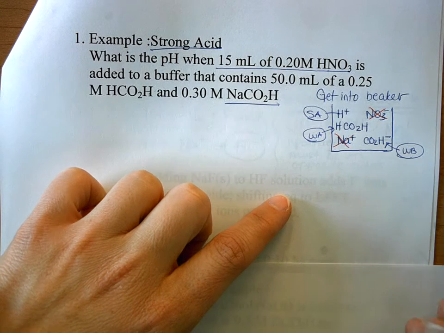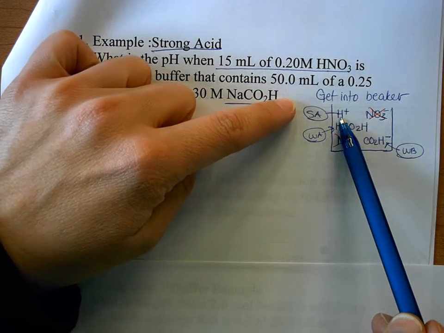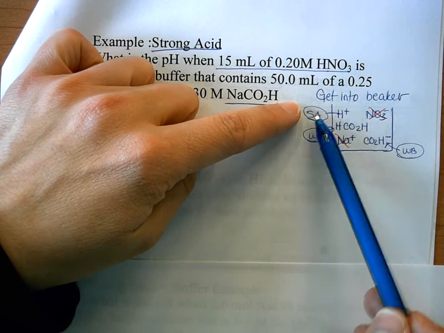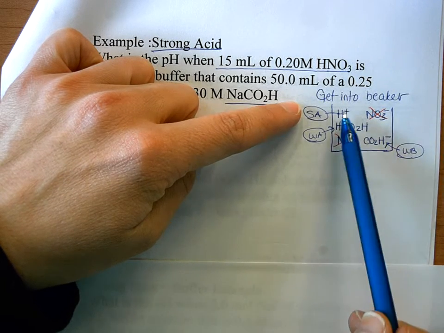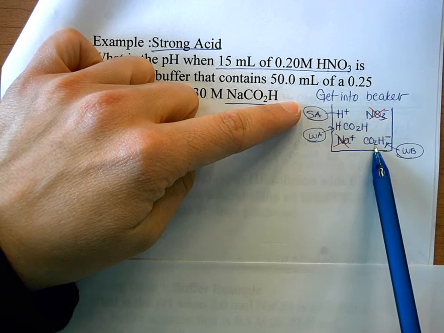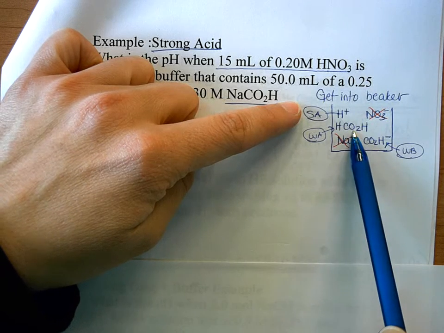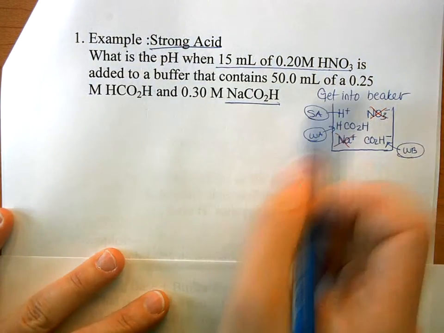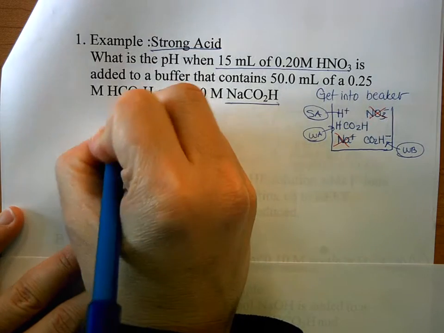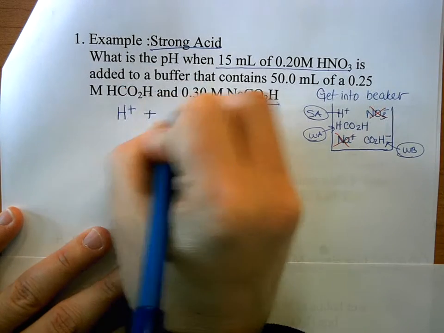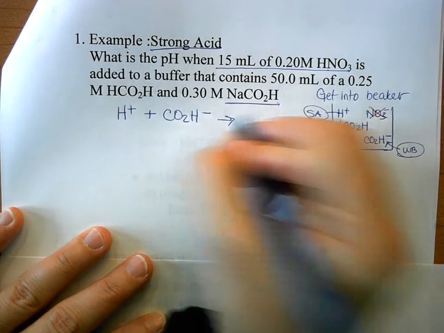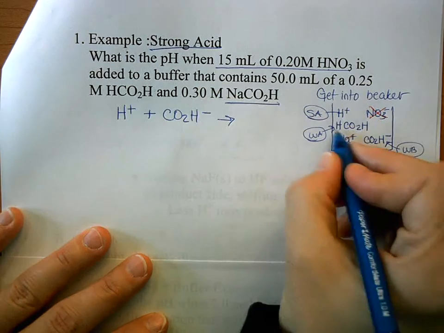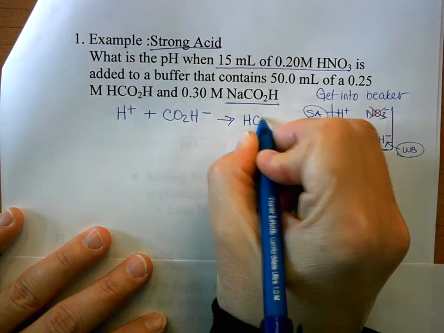So I've got to have hydrogen reacting with one of these two things. Now you should see that if hydrogen ions react with this ion right here, it's going to give me this weak acid. So that's going to be my reaction when I combine all those things together: hydrogen ions plus CO2H minus, and that's going to give me my product, HCO2H.